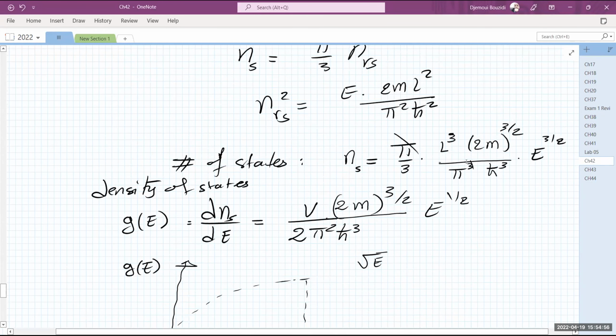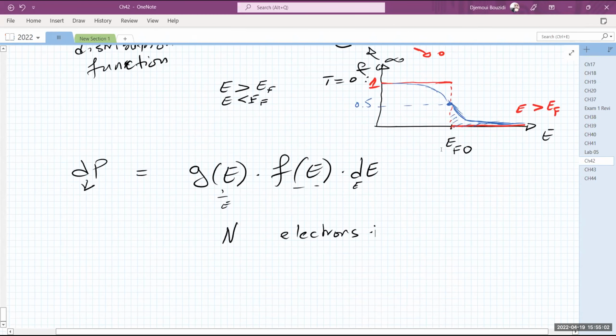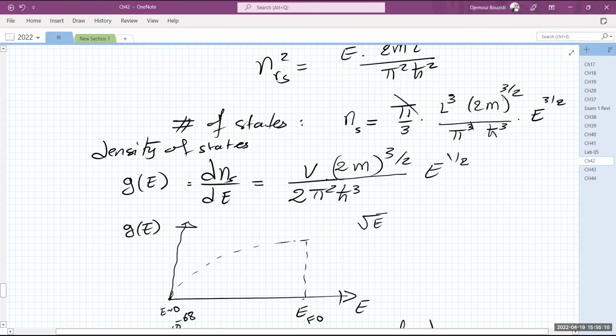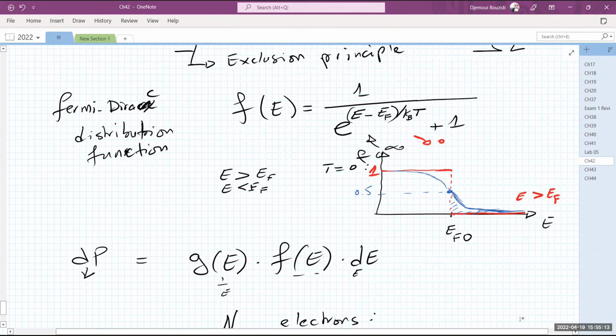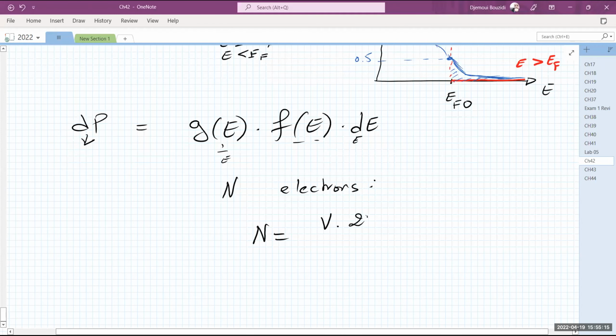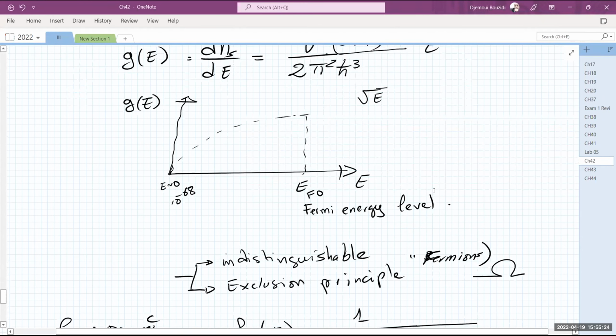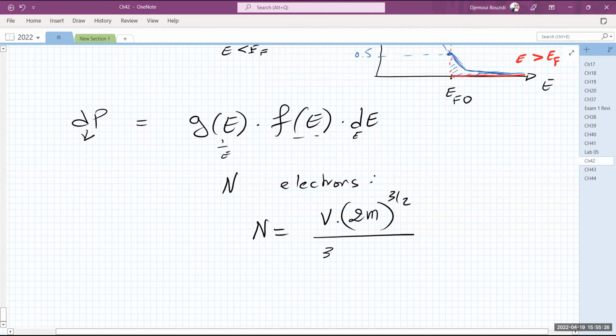So in this case, it's going to be equal to this expression, which I'm going to write as volume times 2m to the power 3 halves, divided by 3 pi squared times h bar cubed, times the Fermi energy level to the power 3 halves.